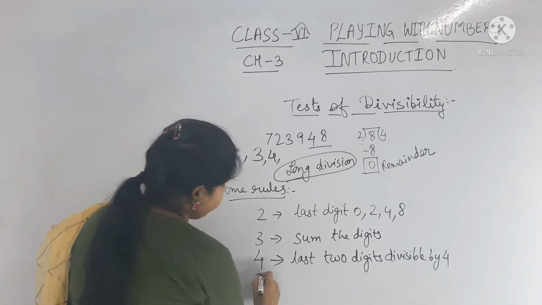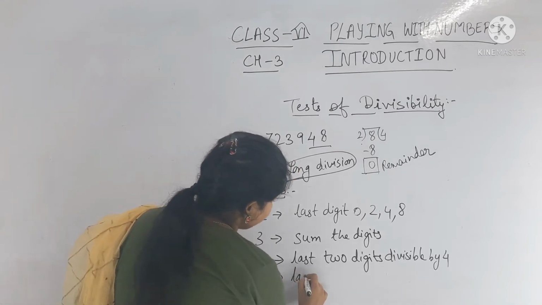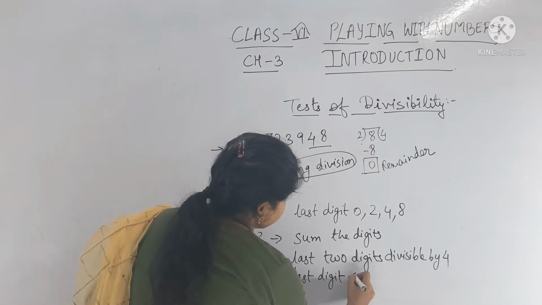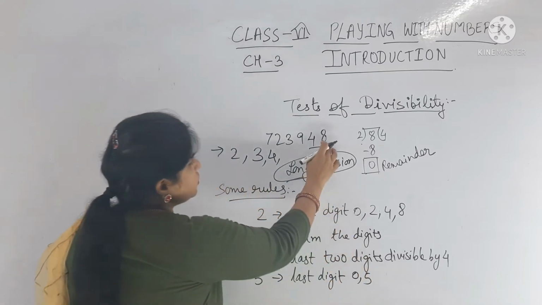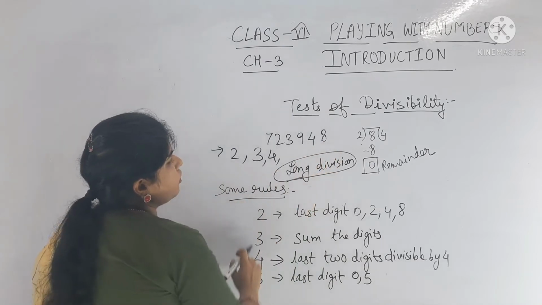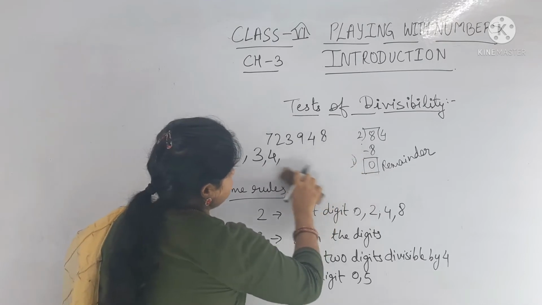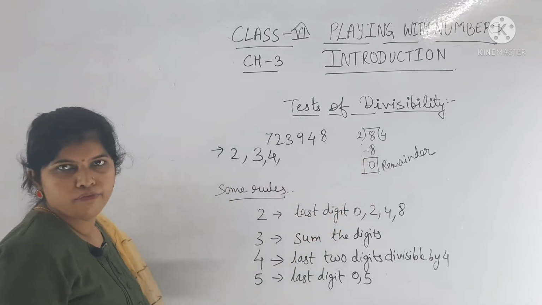Now for 5, the last digit should be 0 or 5. Here it is not 0 and not 5, so it is not divisible by 5.